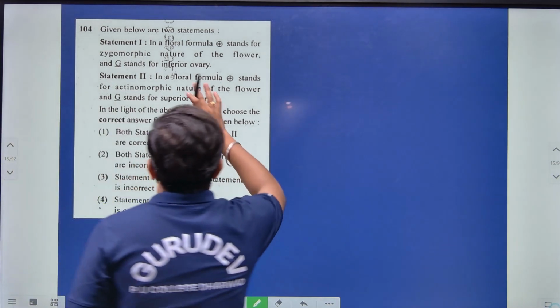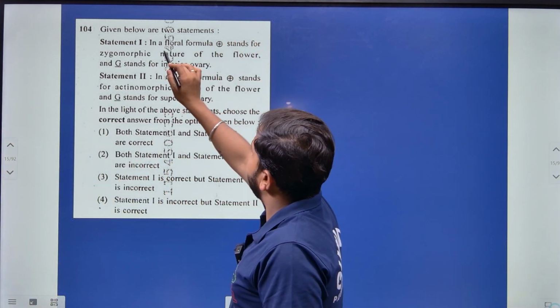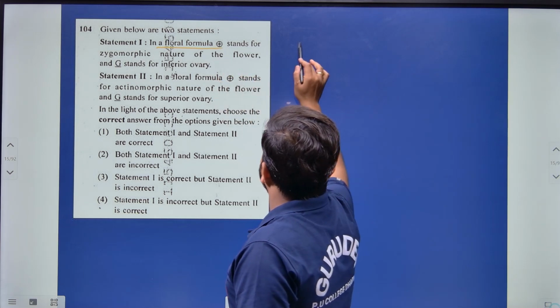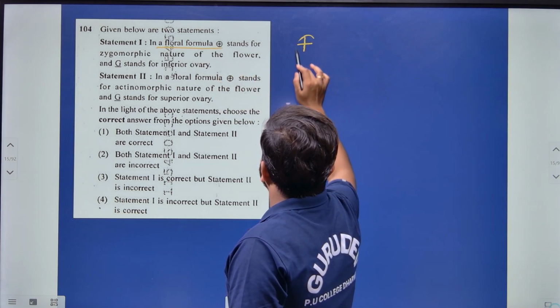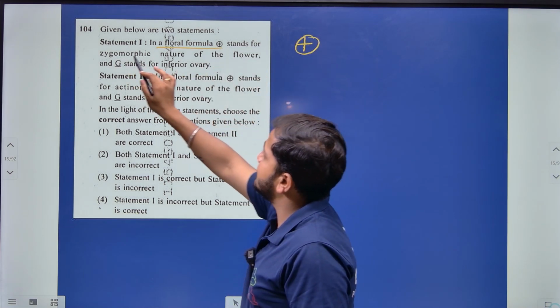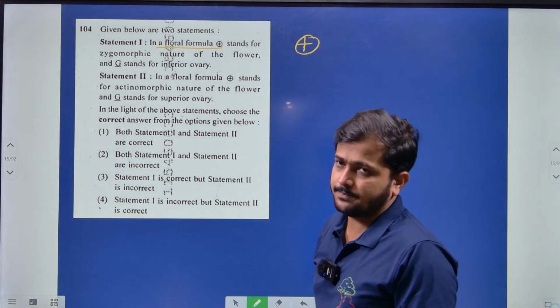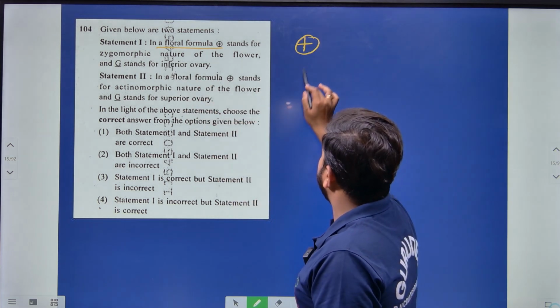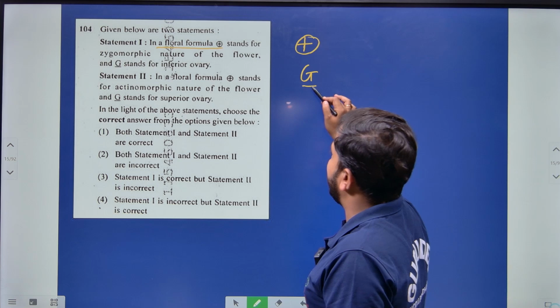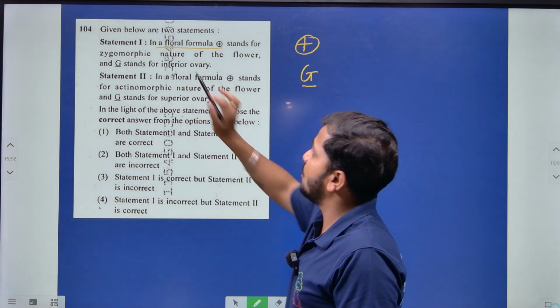Given below are two statements. In the floral formula, the plus and circle symbol stands for the zygomorphic nature of the flower, and G with a dash below stands for gynoecium with an inferior ovary.